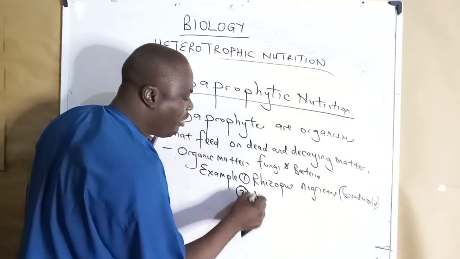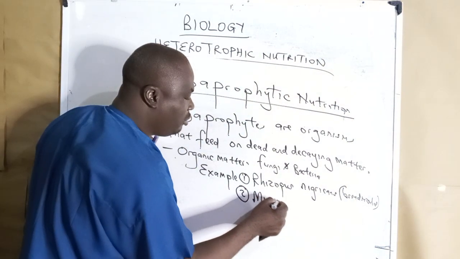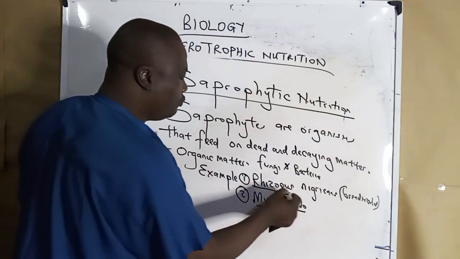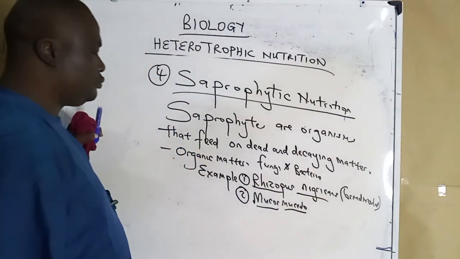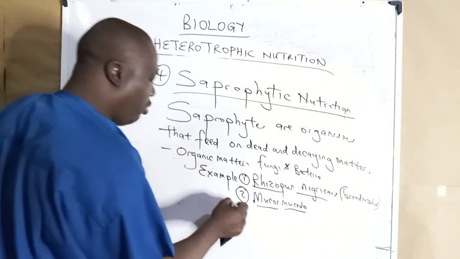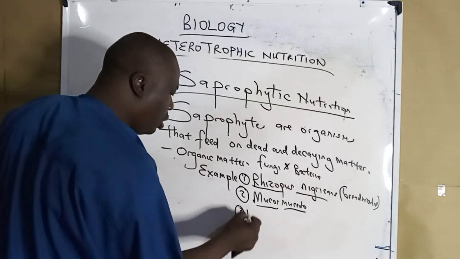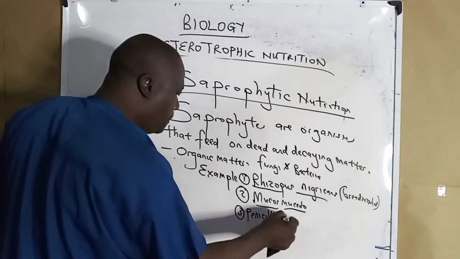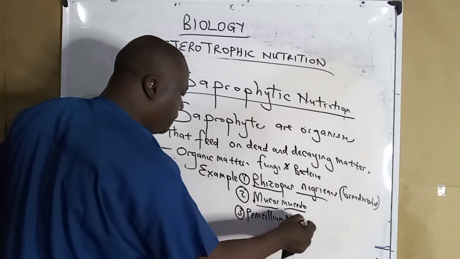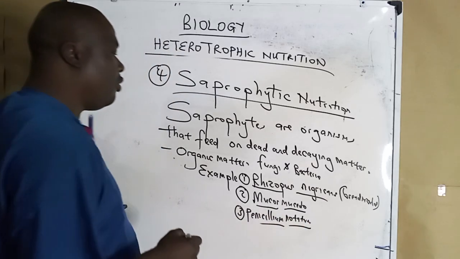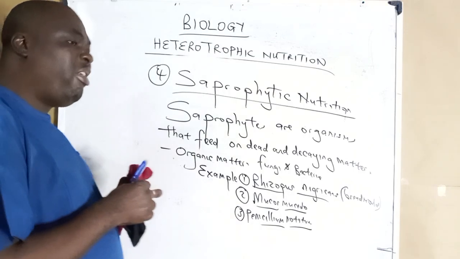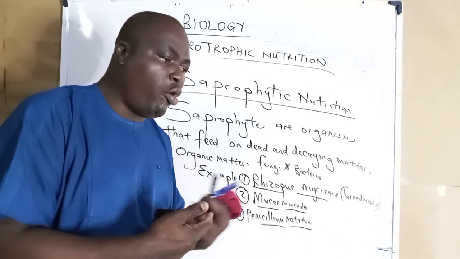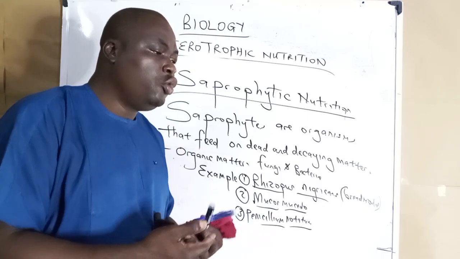Then we have Mucor mucedo. These are scientific names, so you have to underline them. Another example is Penicillium notatum. In the course of decaying matter, these organisms help to improve soil fertility, so we call them decomposers.